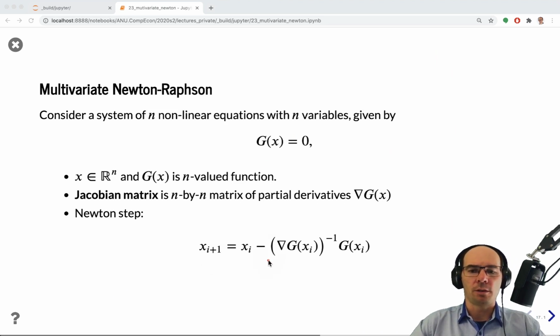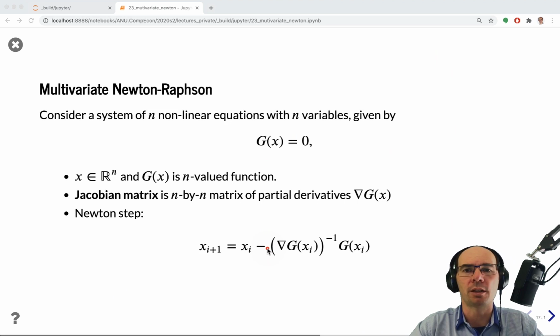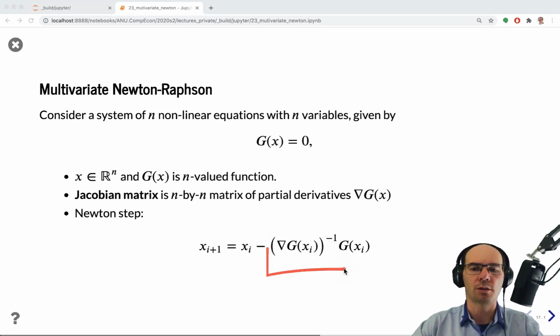So the difference is really that now we have to compute the inverse of this gradient matrix, the Jacobian matrix. And that's where Newton method is more complicated computationally than simpler methods. This is basically the cost of being fast. So Newton method is fast, but requires the inversion of a potentially large matrix.